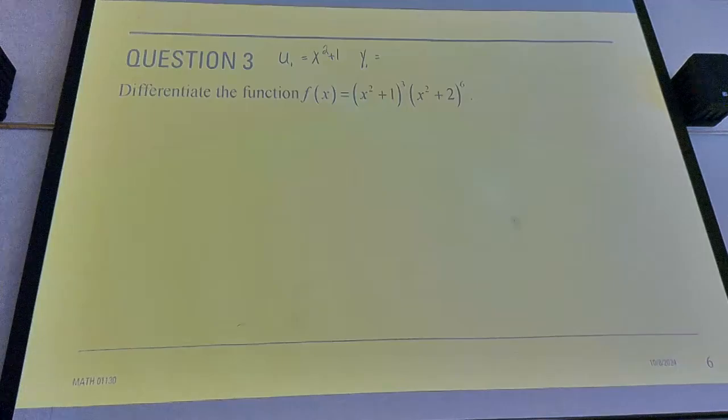Write it as a function of u1: u to the third. Second function, what's u? X squared plus 2. Write it as a function of u: u to the sixth.